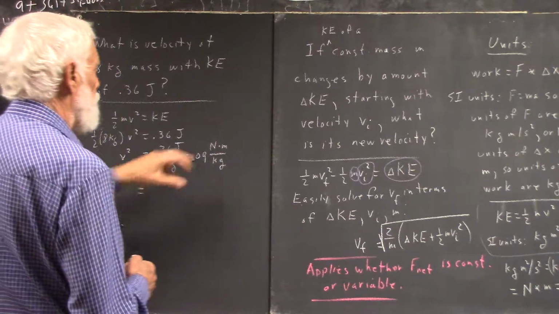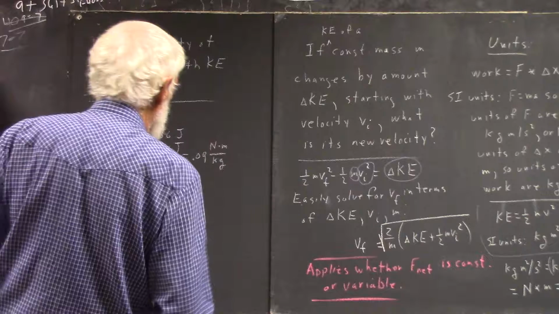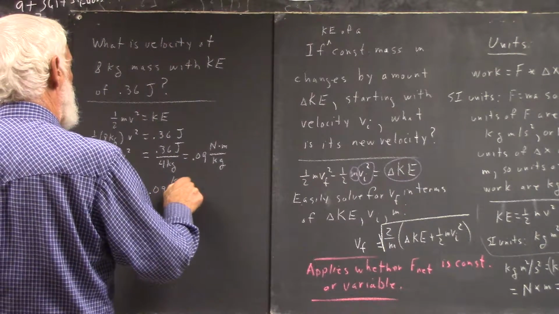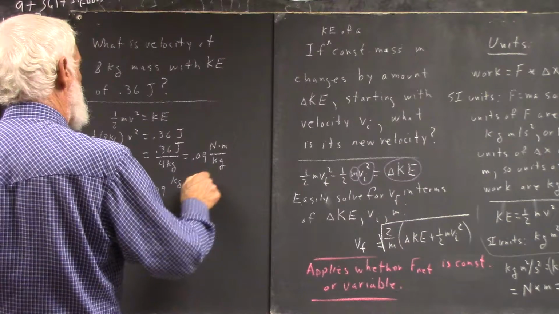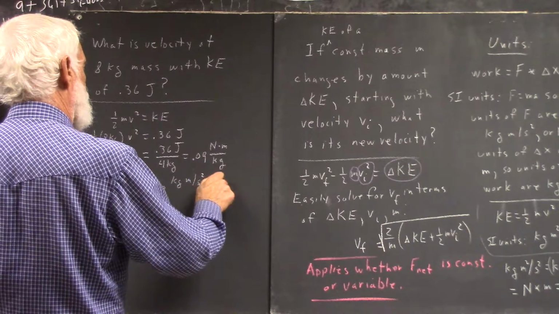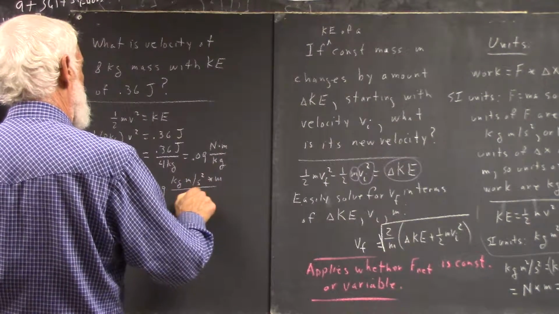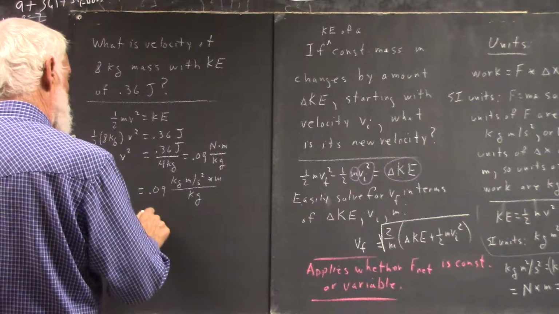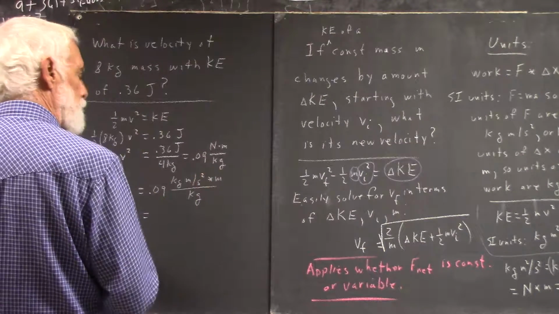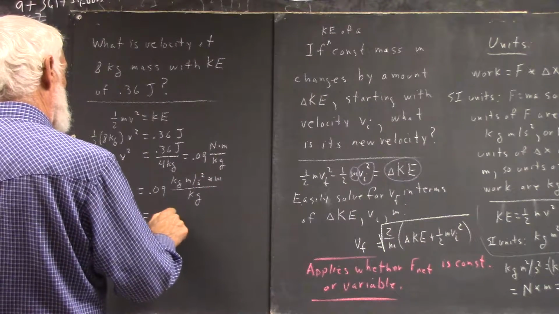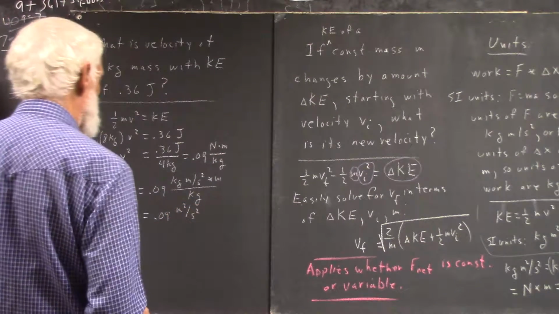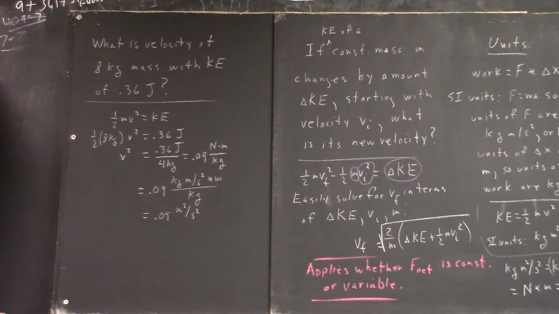And we're going to say, okay, well a newton of course is a kilogram meter per second squared, times a meter divided by a kilogram, and now the kilogram divides the kilogram, the meter multiplies the meter, we get 0.09 meters squared per second squared. Okay?